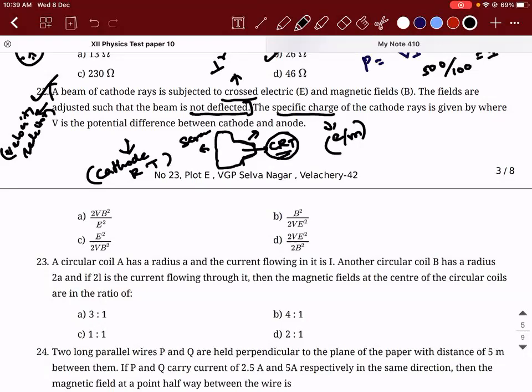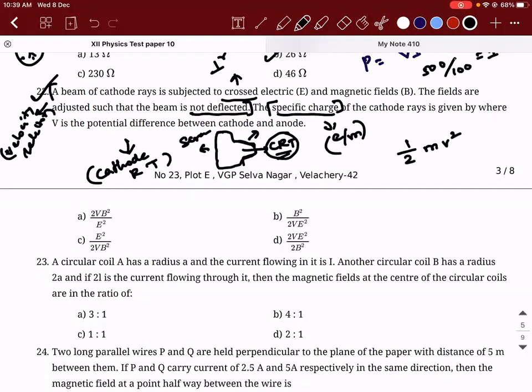Okay, so specific charge means e by m of the cathode rays, which is given by... So how is it given? First thing, what comes to your mind? This beam is getting a velocity.